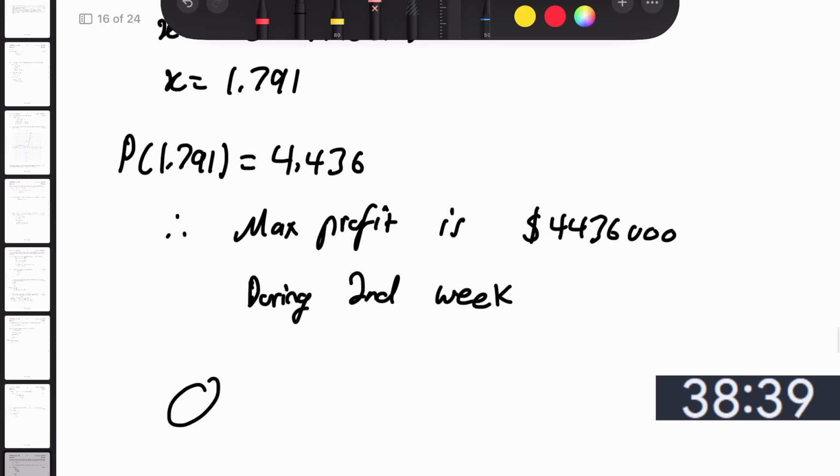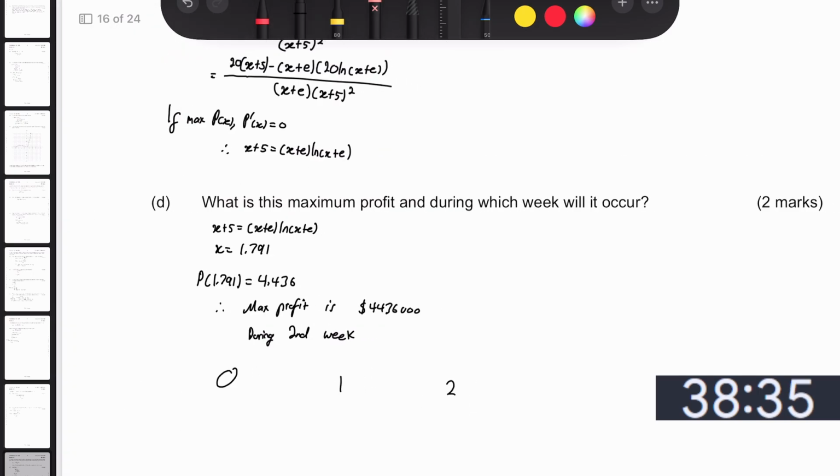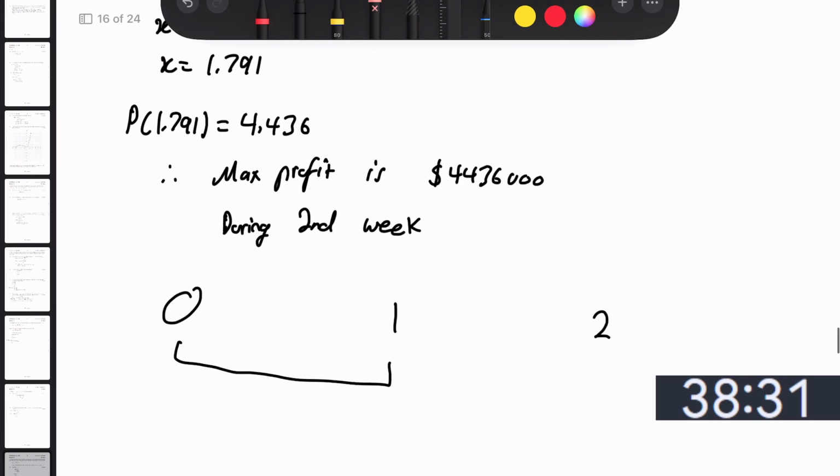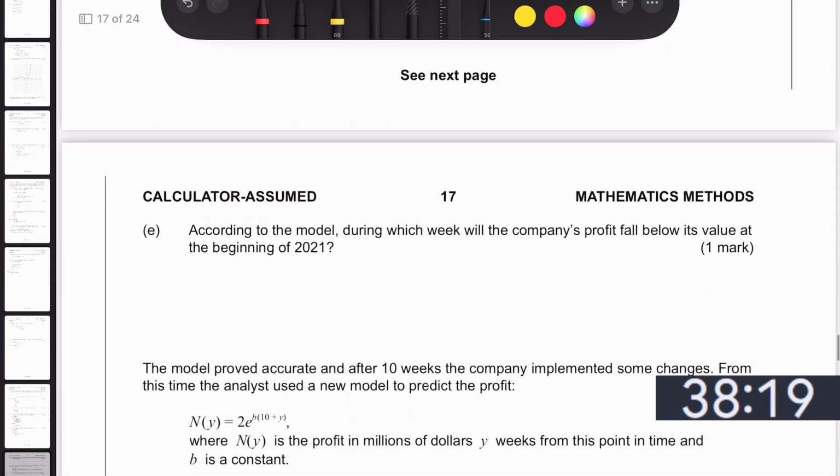Because if there's 0, there's 1, there's 2. After, because this is the first week, and then this is the second week, obviously, and I'm at 1.719, so I'm about here, so I'm obviously in that second week. Because 1 to 2 is the second week, not the first week.